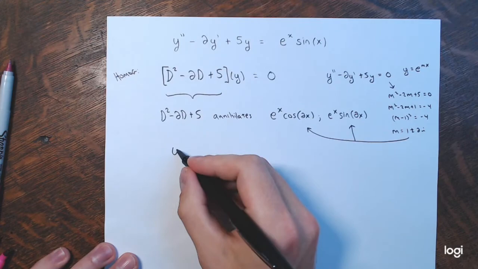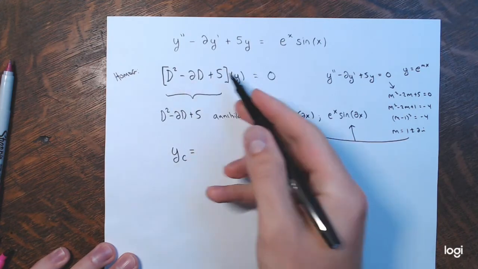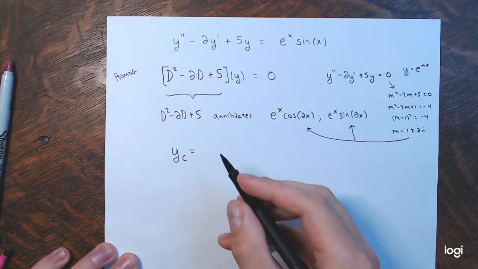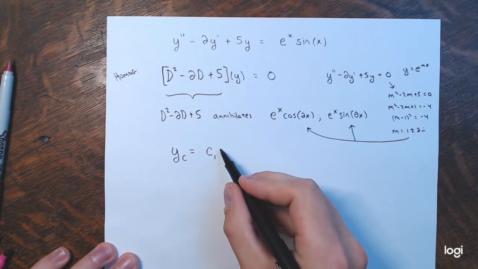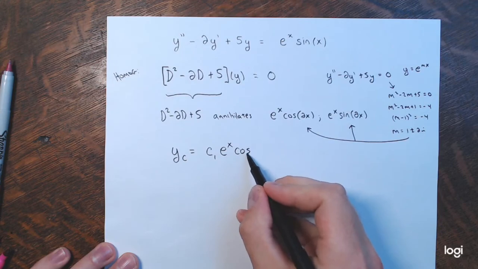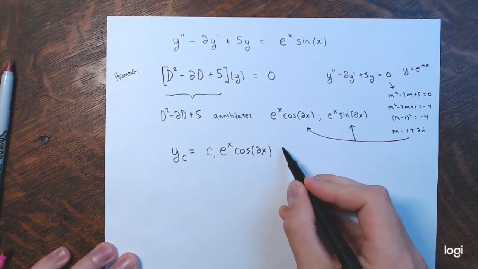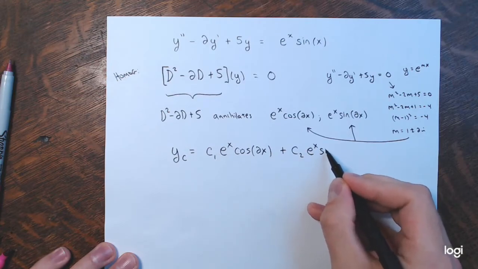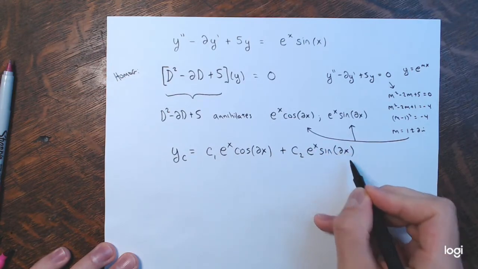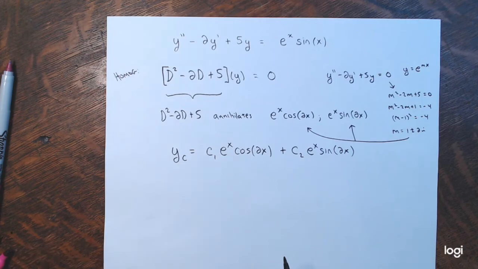Okay, so the complementary function, the solution to the corresponding homogeneous, would be some constant c1 times e to the x cosine 2x plus some constant c2 times e to the x sine 2x. All right.